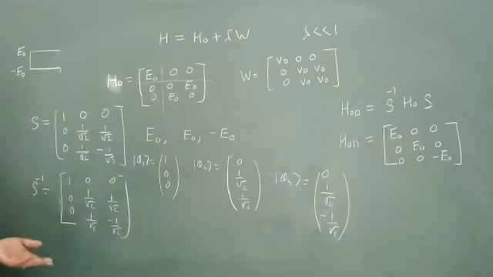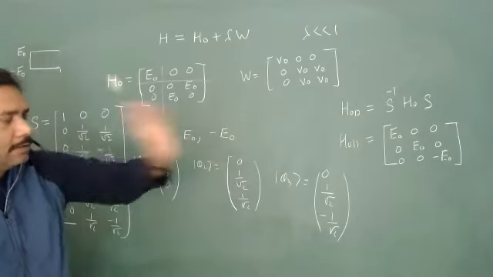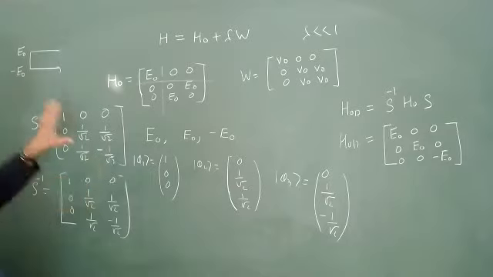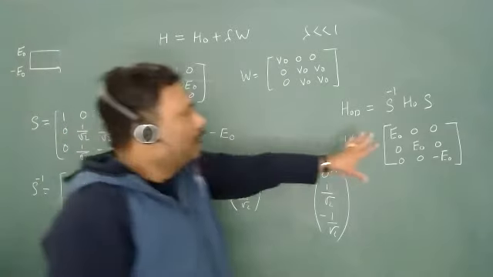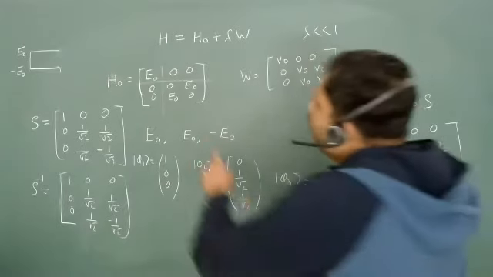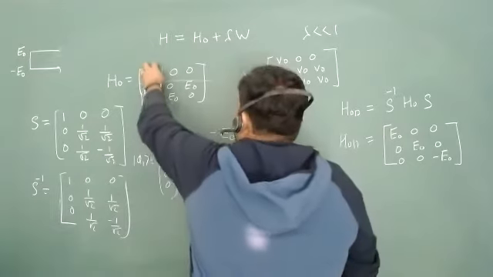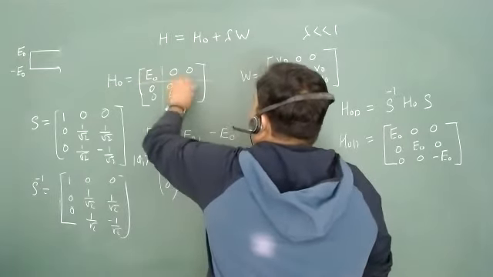How have I written this one? Not just by intuition, because I know the eigenvalue of this vector is E naught, the eigenvalue of this vector is E naught, and the eigenvalue of this vector is minus E naught. So I have deliberately written it in this form such that I will get this. You can also see that if I look at this particular H naught, this part is diagonalized, but this subspace is not diagonalized.